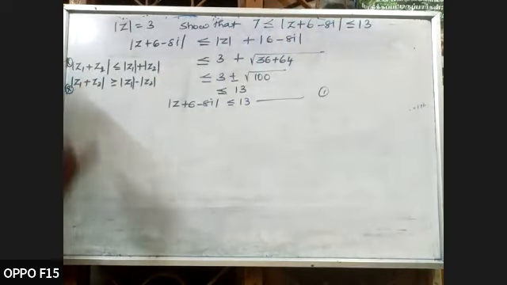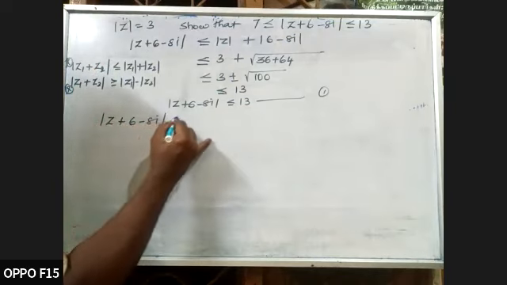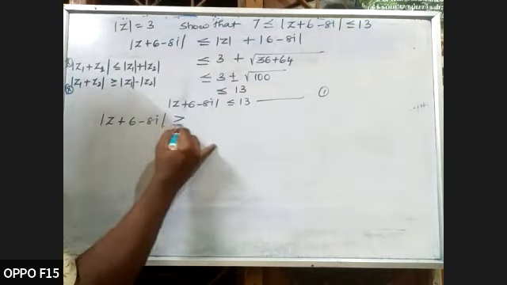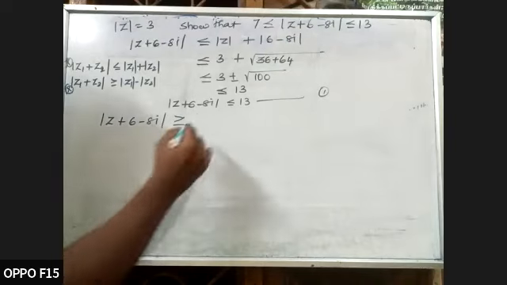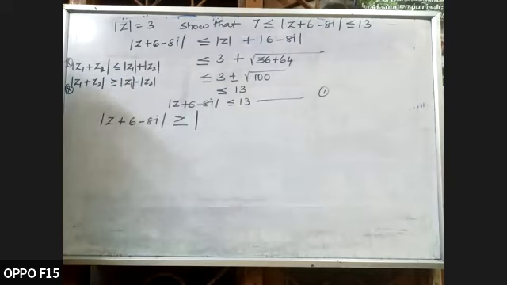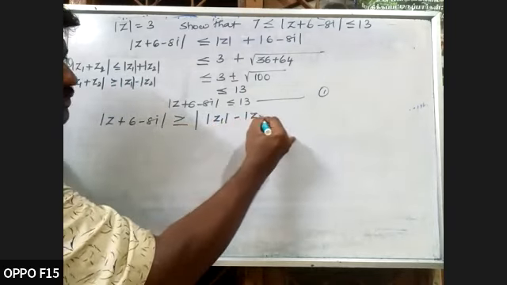Using the second triangle inequality, where modulus of z plus 6 minus 8i was less than before, now with greater than, we have the difference. Let me see how I can write the difference. Now I can write this as modulus of z1 minus modulus of z2.